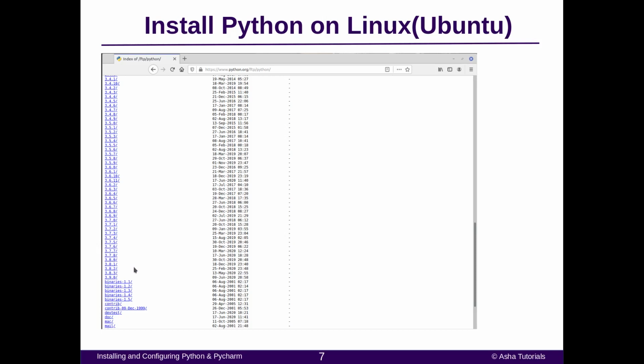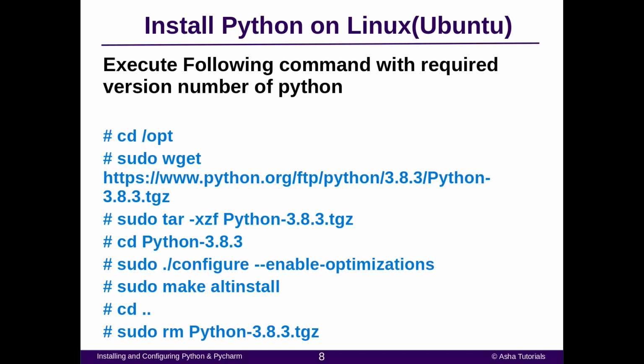Make sure that you are choosing a stable version, not the alpha and beta release. After choosing the version, execute these commands which will install Python. And in order to install a particular version, you just need to replace the version in these commands.